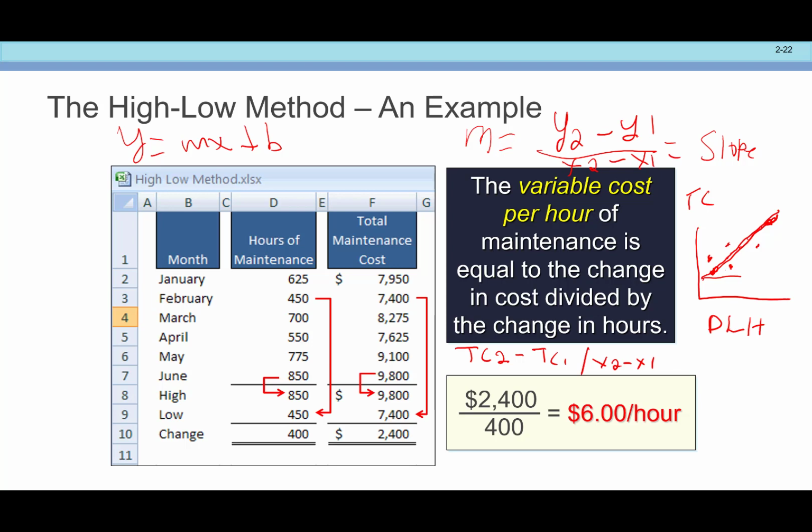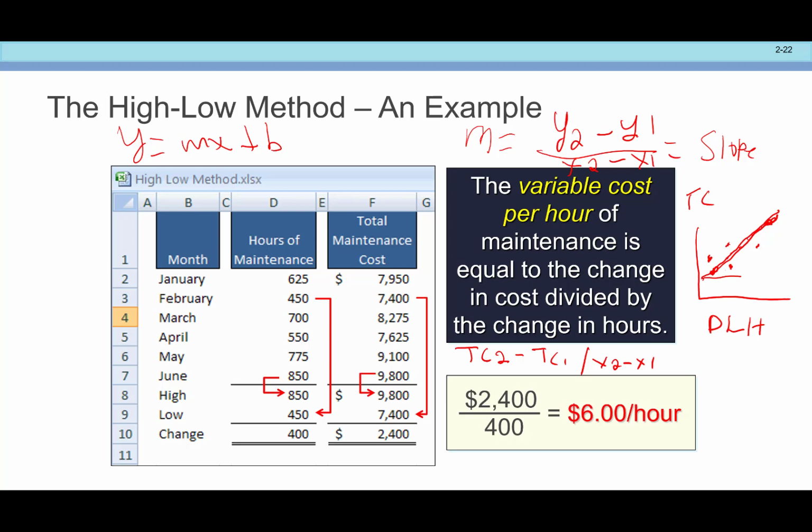Notice I have these other little dots around the line, but I just pick two dots, connect them up, and assume all the points fall on that line. And so I take y2 minus y1 and I divide that by x2 minus x1. I pick my two points on the x-axis. The change in y divided by the change in x gives me the slope of this line, right? That's telling me, for each point I move along this line, how much does my variable cost go up at an even pace, right?